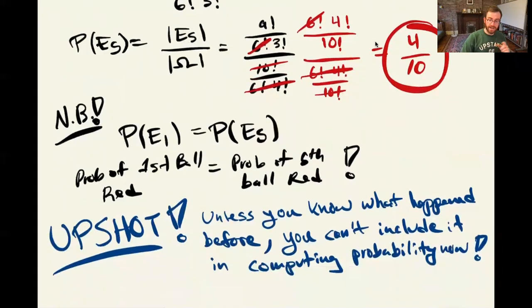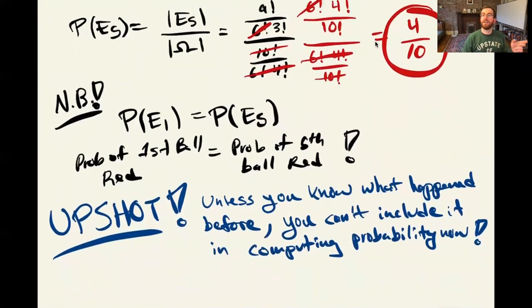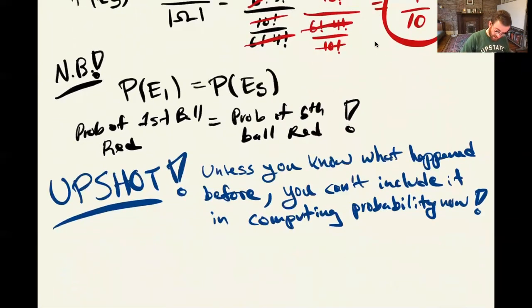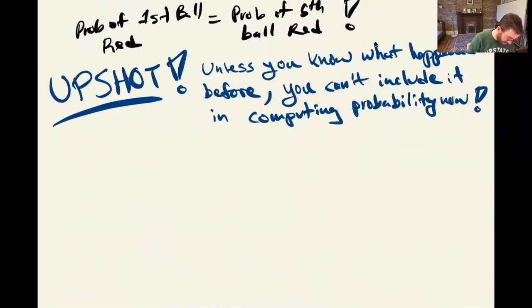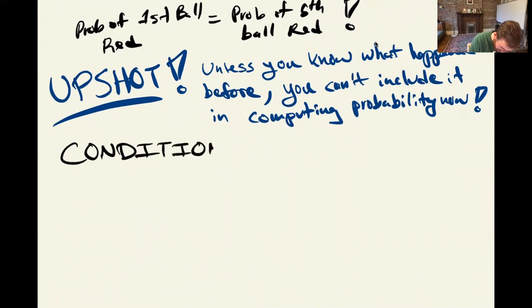We're going to start to see now how probability of E1, where I draw a red ball, affects probability of E5. This is all expressed using the framework of conditional probability, which is the main subject of today's lecture. So here we are, conditional probability.